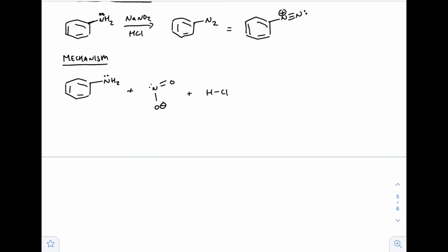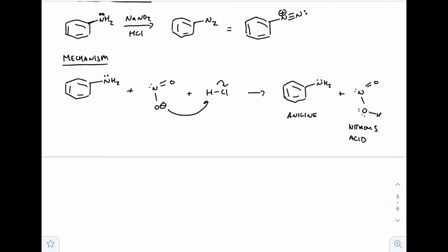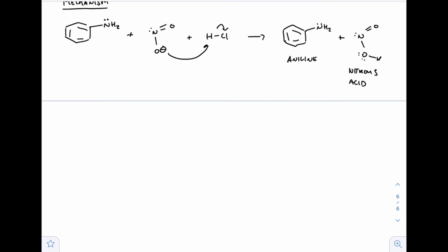So let me show you the mechanism real quick, and then I'll show you what we can do with that diazo group and the reactions to give us some cool stuff. So that nitrite reacts with the HCl to form nitrous acid, HNO2. That's nitrous acid. And of course the aminobenzene is aniline, just a quick little reminder for you guys.